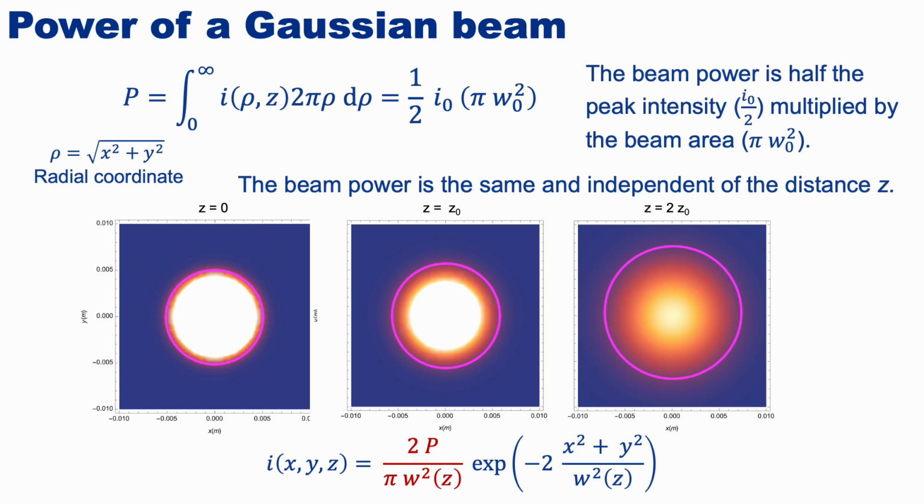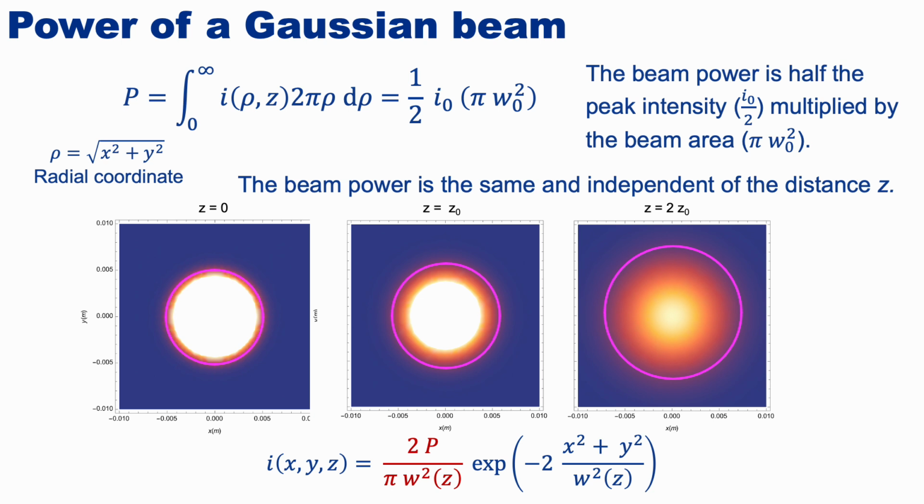So talking about the power. Power is the integrated intensity over all the axes. And the power of a Gaussian beam is always the same, independently of the distance z. So that means it's completely constant. The only thing that changes is the area that we need to observe.